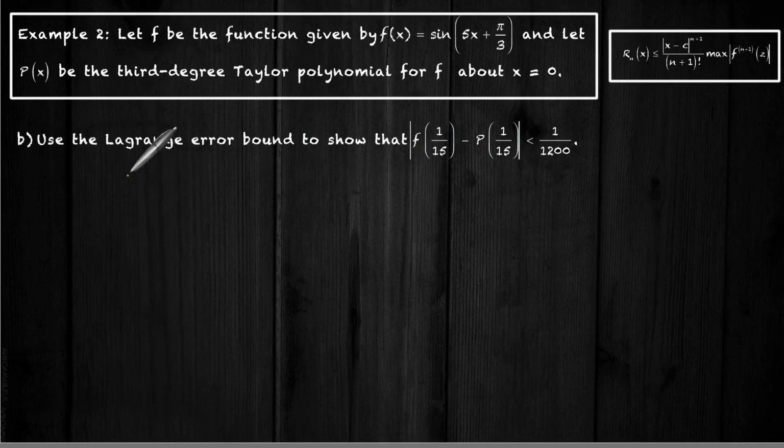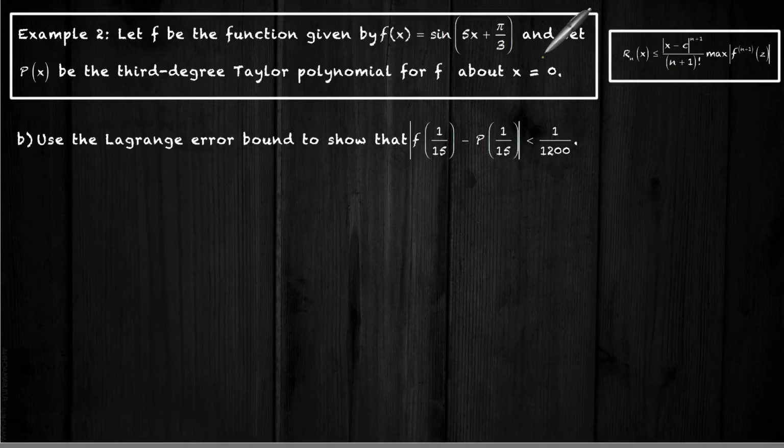All right, in this last example, part B, it says use the Lagrange error bound to show that our real function's value at 1 over 15 minus our approximated value at 1 over 15 is less than, or guaranteed to be less than, 1 over 1200.